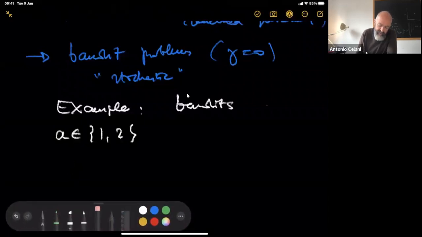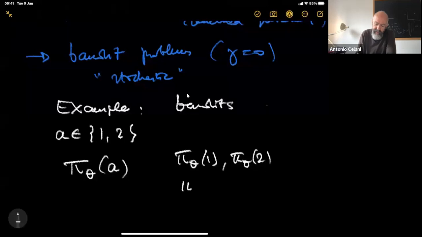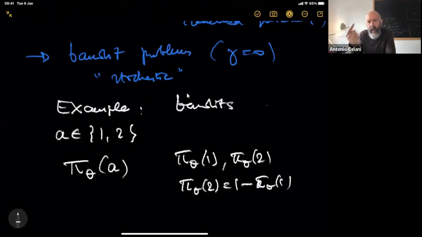We have to define our parameterized policy of the actions 1 and 2. Since the probabilities must sum to 1, I just have pi theta of 1 and pi theta of 2, and these 2 must sum to 1. So pi theta of 2 is equal to 1 minus pi theta of 1, of course. Which means that I just need one parameter to specify this policy.